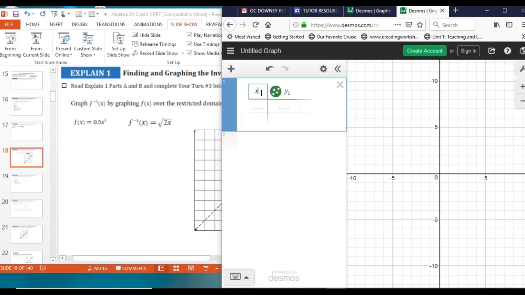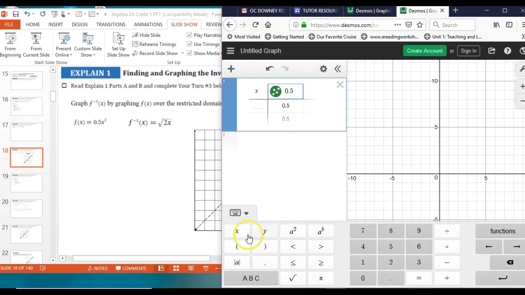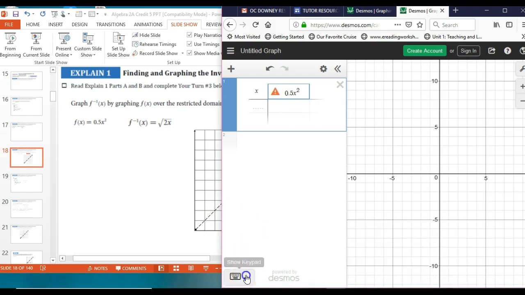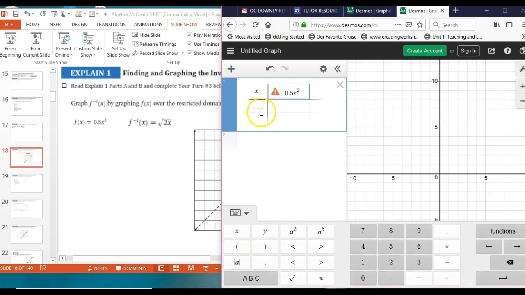I'm going to erase that little 1 for the x and the little y there. I'm going to write in my first equation, which is 0.5x to the second power, which I like this little keyboard. You can hide it or you can show it, it's up to you. And I will put in also our other equation, which is the square root of 2x.